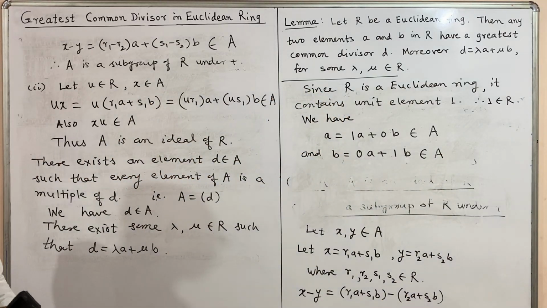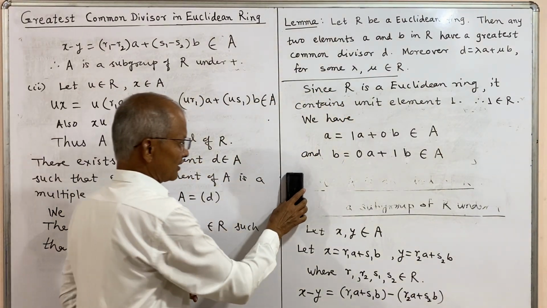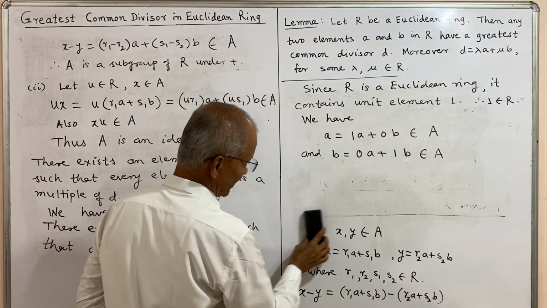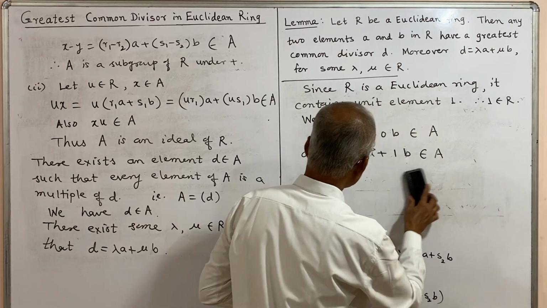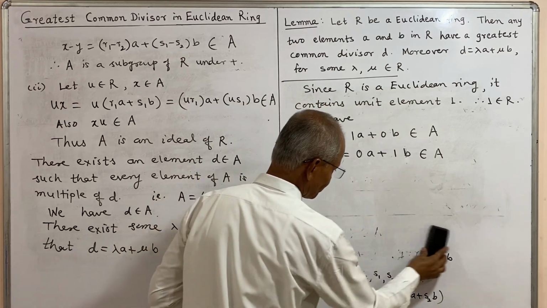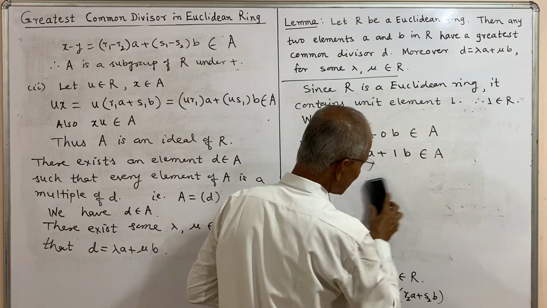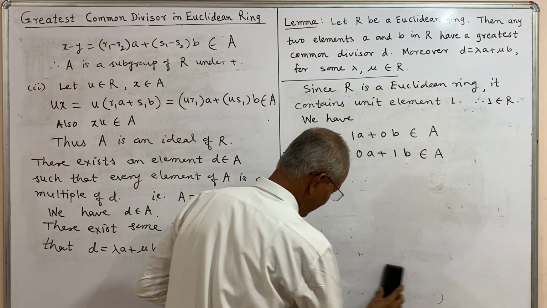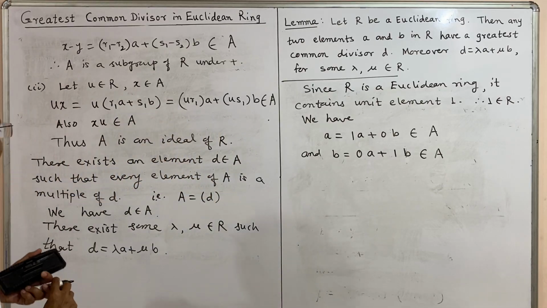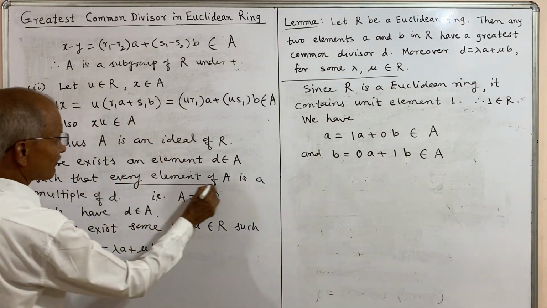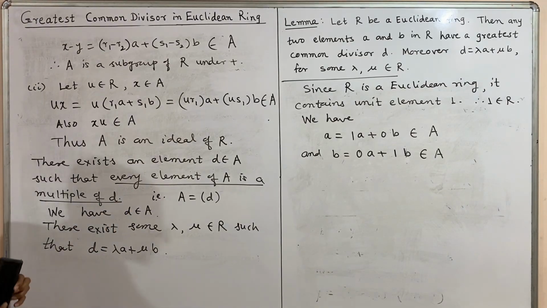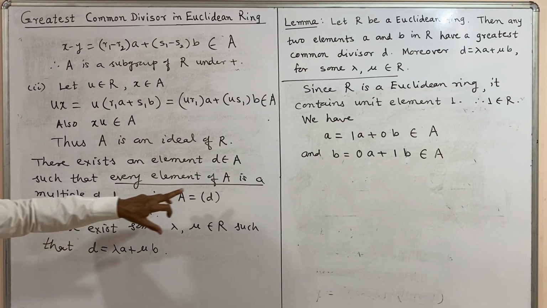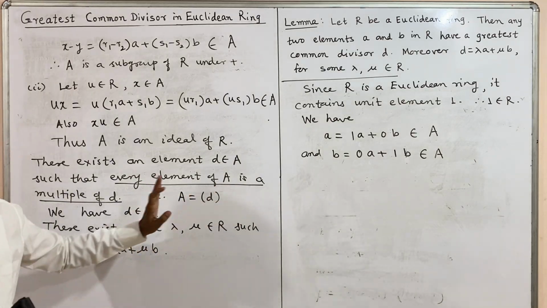Thus A belongs to the ideal and B belongs to the ideal, and these are elements of the ideal. Now D divides A. Every element of the ideal is a multiple of D, and therefore D is a divisor of A and D is also a divisor of B.